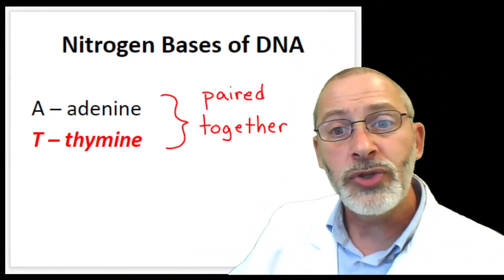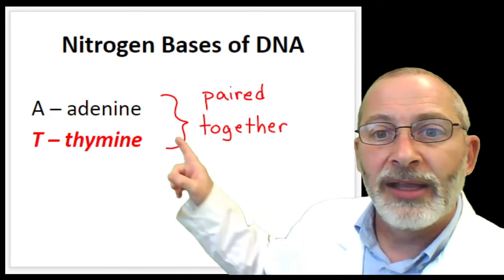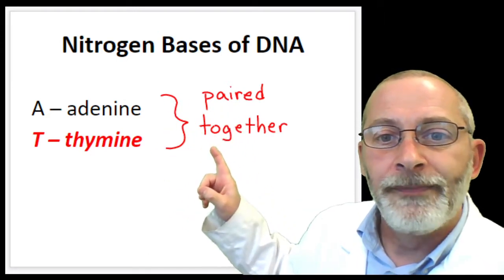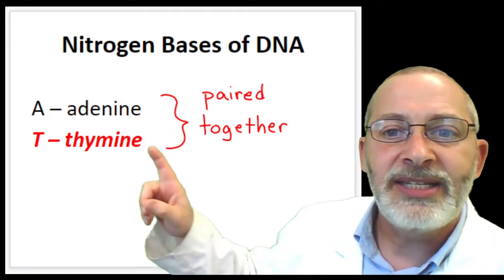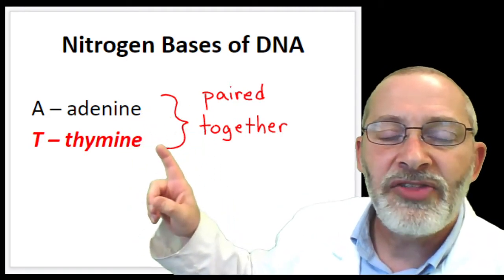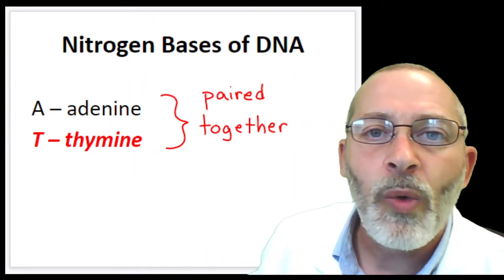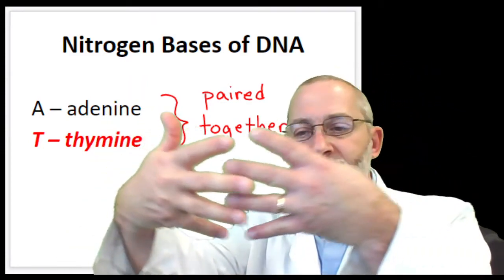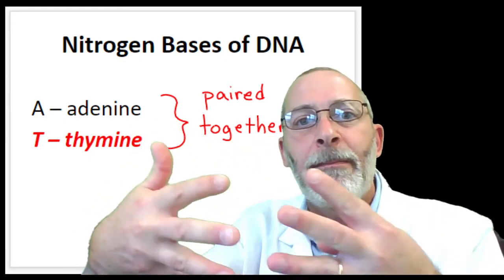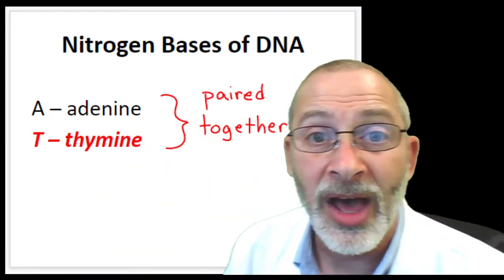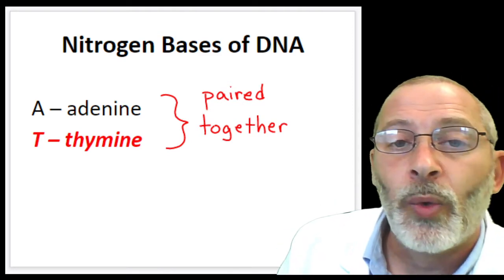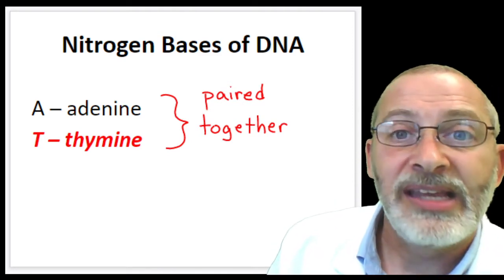Now, in your notes, I want you to put a little bracket like this and write the words paired together, because A and T, adenine and thymine, are always paired together. They're puzzle pieces that fit perfectly with one another. Adenine and thymine are always paired together.